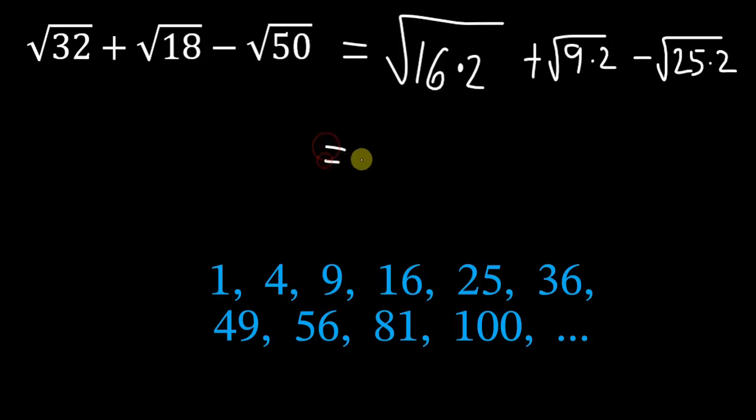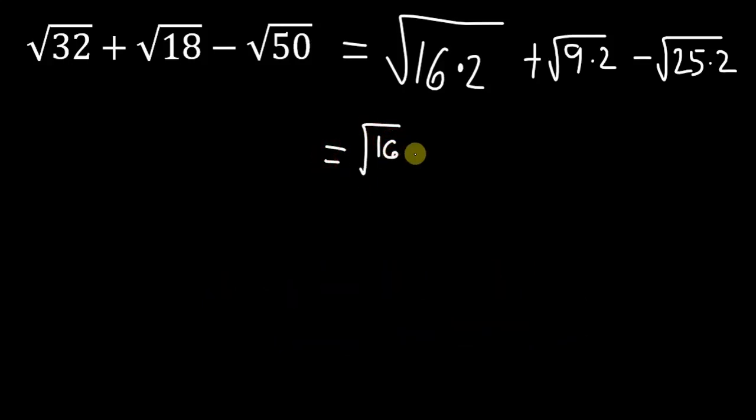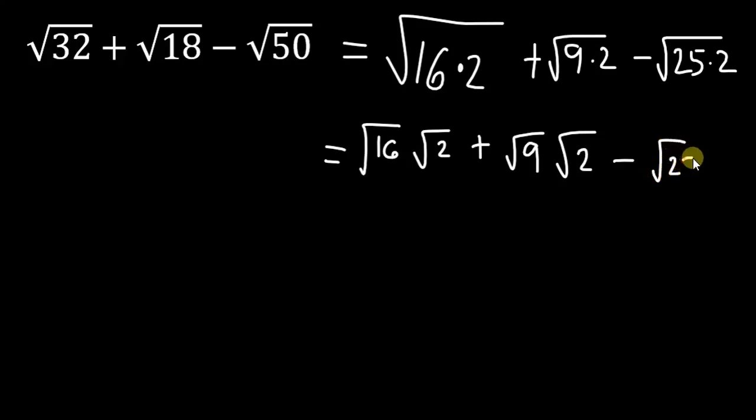Okay, so pwede natin yung isulat as square root of 16 times square root of 2 plus square root of 9 times square root of 2 minus square root of 25 times square root of 2. And square root of 16, that is 4.